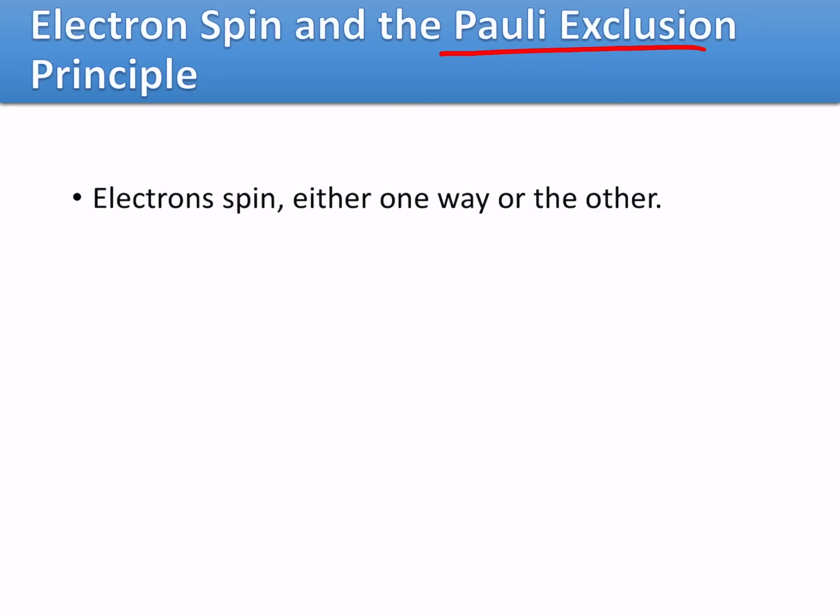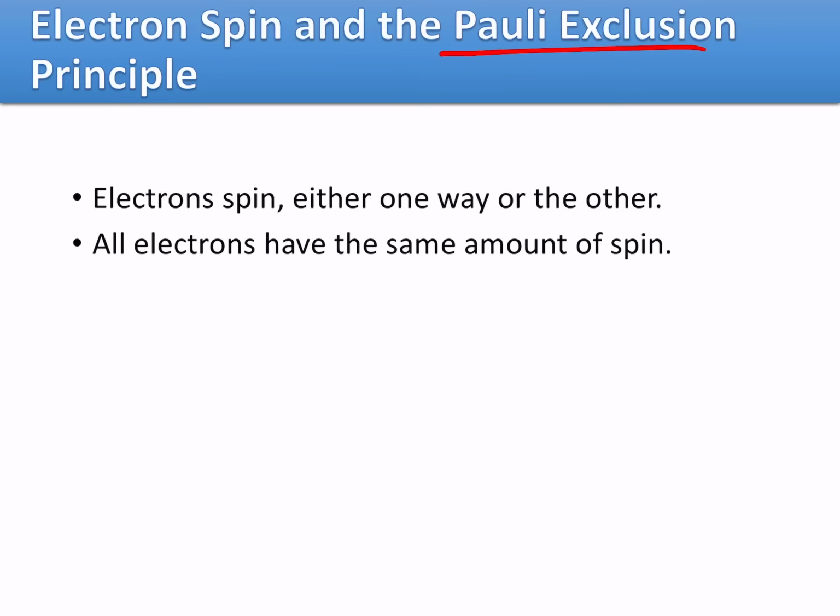So now the electron spin, which originates another principle that we need to know. What does electron spin mean? Imagine that you have the electron. What happens is that the electron is spinning, rotating along its axis, and it can do it in one way or the other way.